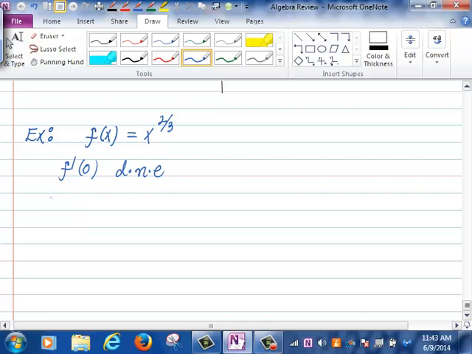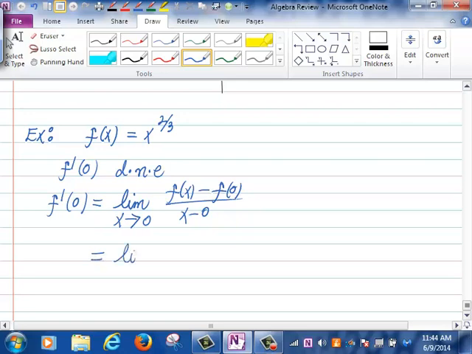Or maybe I should. f prime of 0 would be, in this case, what? The limit as x goes to 0 of f of x minus f of 0 over x minus 0. What is f of x? That's x to the 2/3, minus 0, so I'm not going to write that, divided by x.